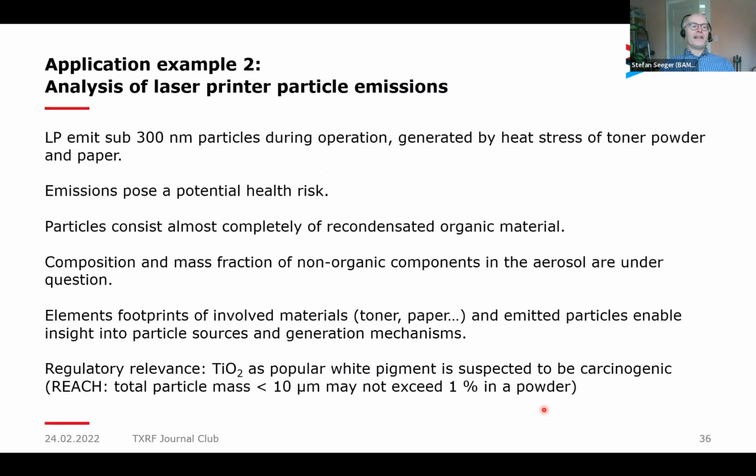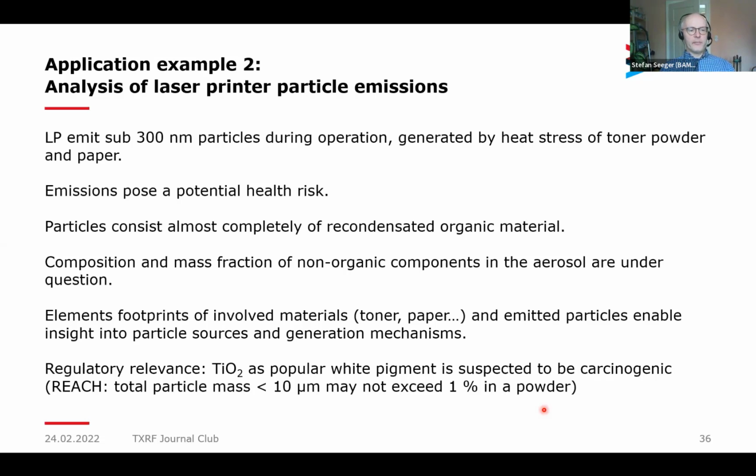All right, let's briefly, if the time allows, go to the other application examples, that is the analysis of laser printer particle emissions. Laser printers emit sub 300 nanometer particles during operation, mainly due to the heat stress of toner and paper occurring during normal printing.